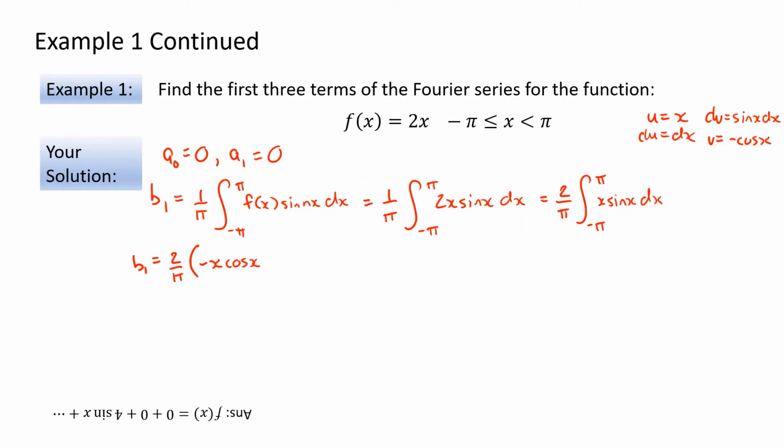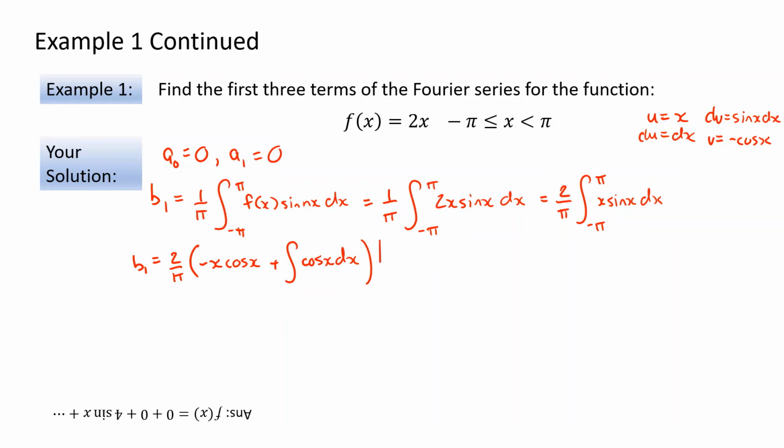And this becomes minus the integral of negative cosine of x dx. So you can see the two negatives become a positive. So I can rewrite this as plus the integral of cosine of x dx, just to save some space.